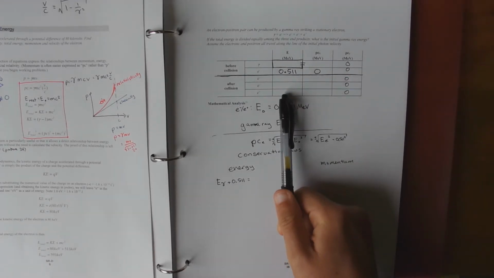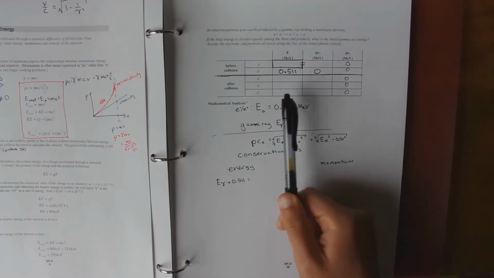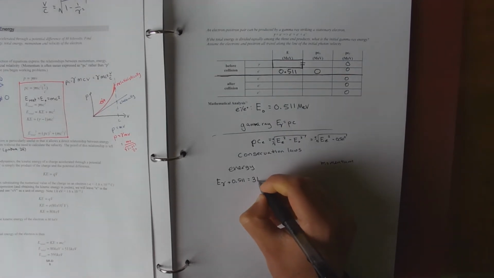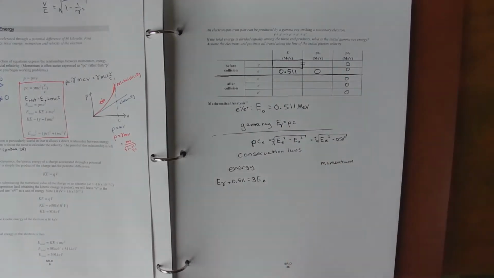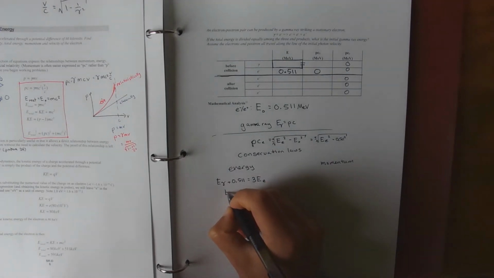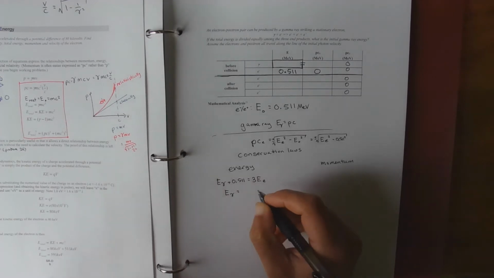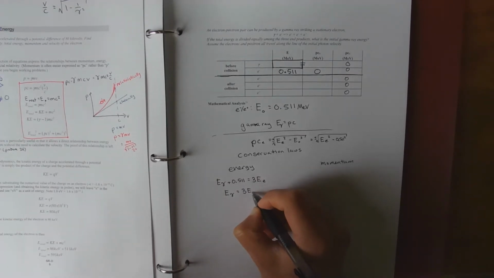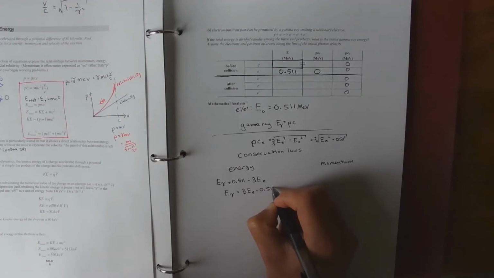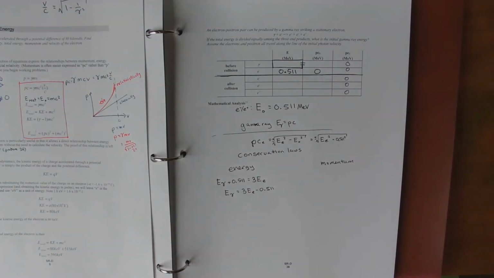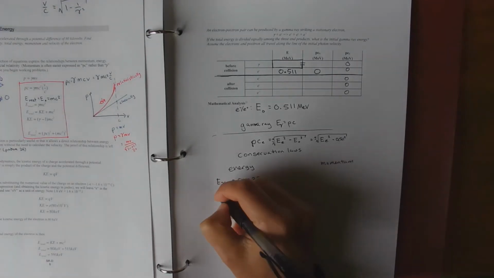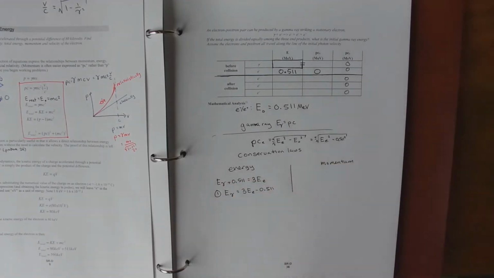And the total energy after the collision, because it's divided equally among all three particles, would just be 3 times the total energy for one of those particles. And we could rewrite this by bringing the 0.511 over to the other side. Okay, so now we have one equation from conserving energy, and now we will look at the conservation of momentum.